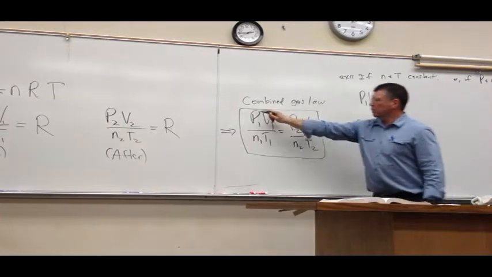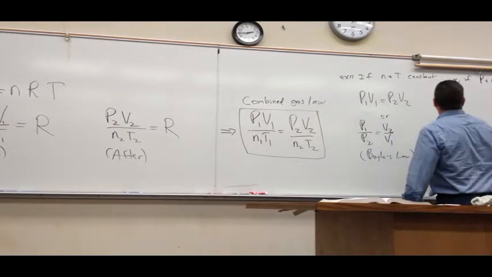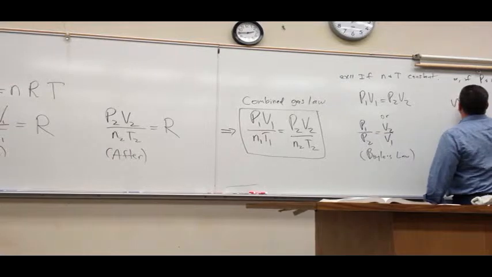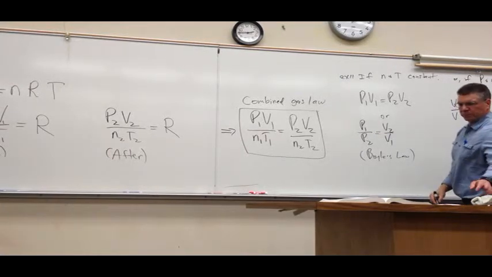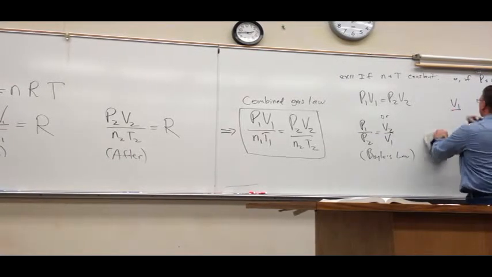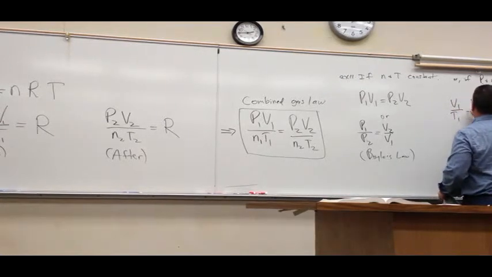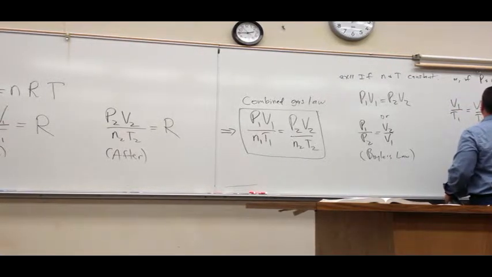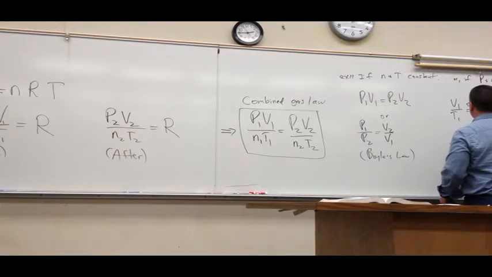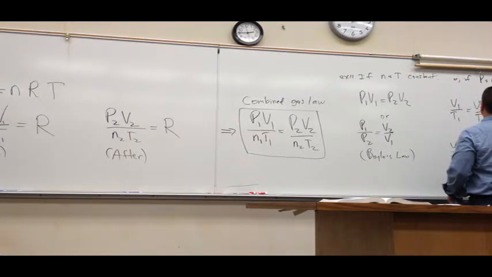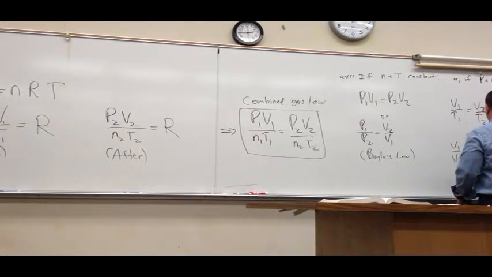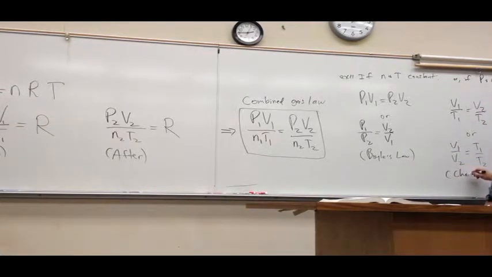So P and N cancel, then we get Charles. See how this works?